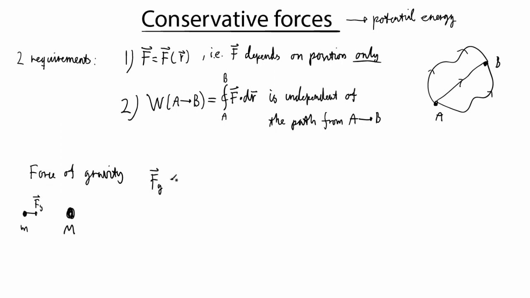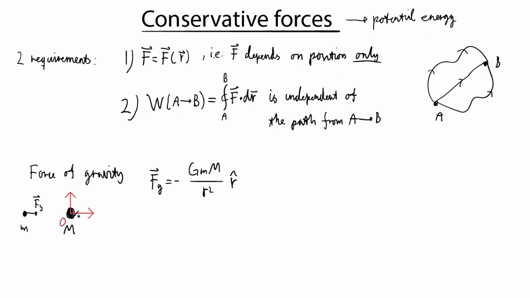The force of gravity is given by this formula, where r hat is chosen as the direction of the force, assuming that we have taken the second force here as the origin at which we're working.